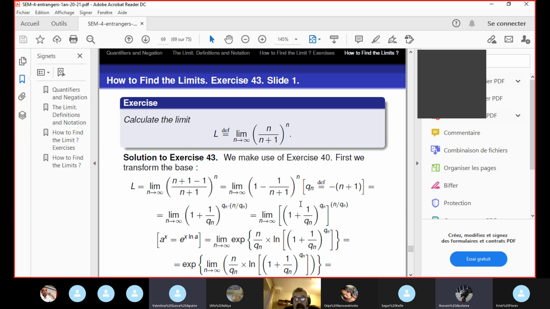So the only thing you have to believe is that for continuous functions, you can exchange the function and the limit.